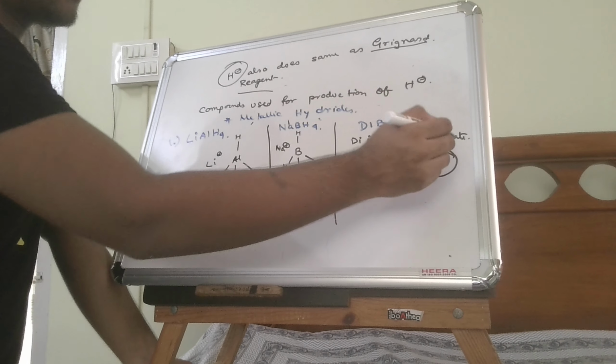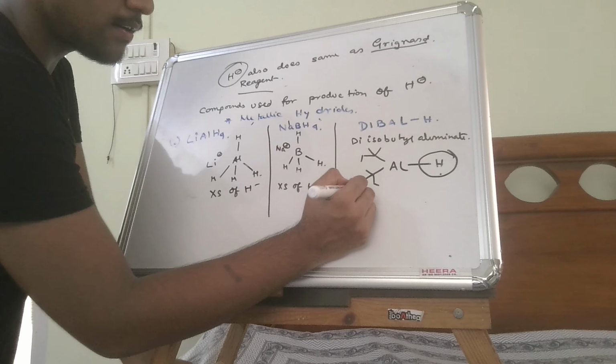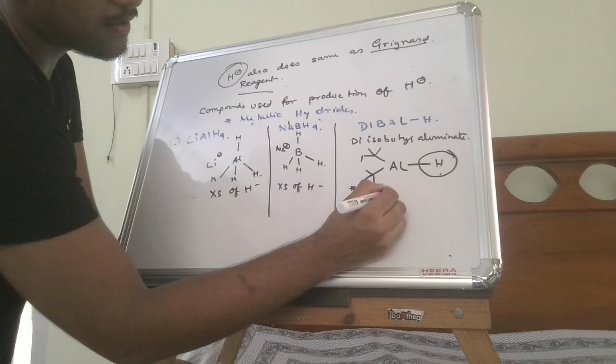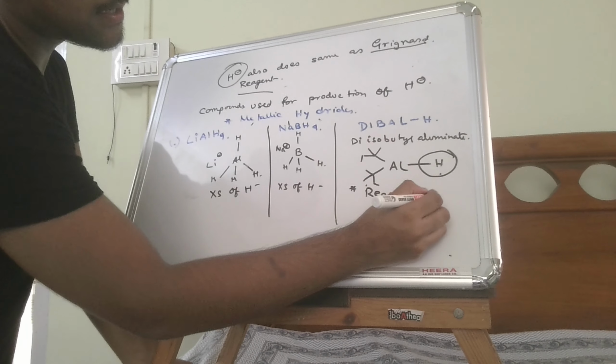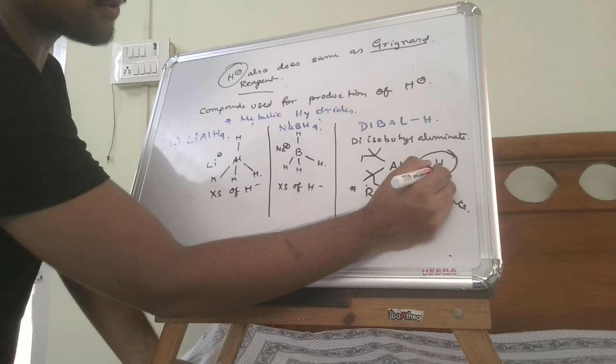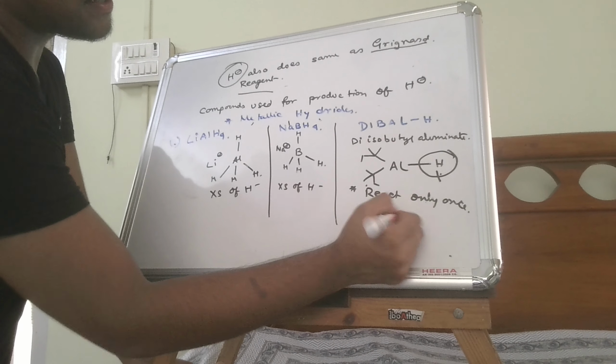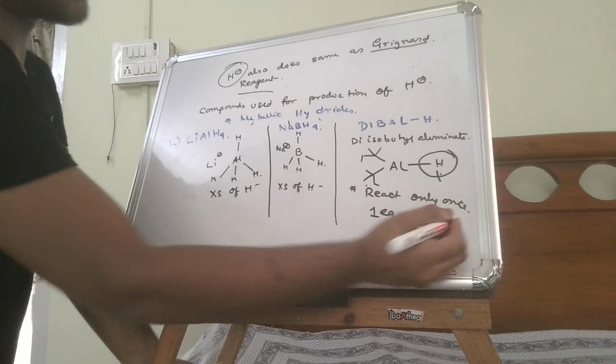Here we can see only one H. So why I had written react only once, you can very well understand, because it has only one equivalent of H minus.